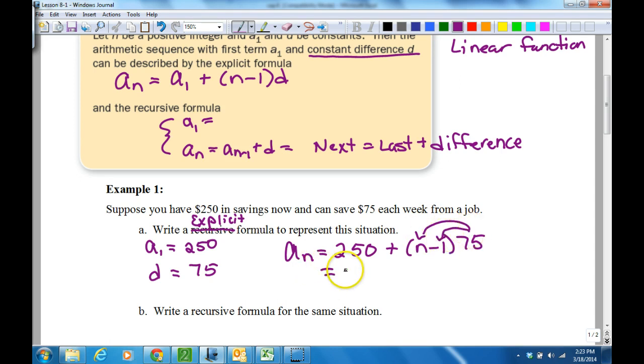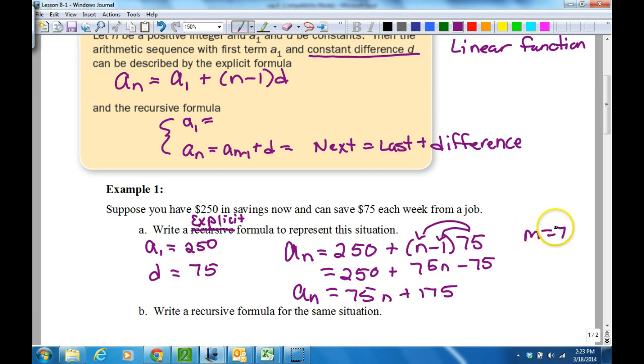So this would be 250 plus 75n minus 75. So 75n, what is 250 minus 75? 175. By the way, what is my slope in this case? 75. So my m in this case is 75.